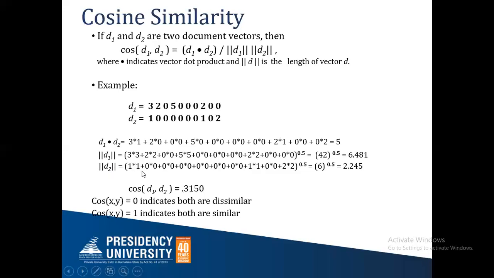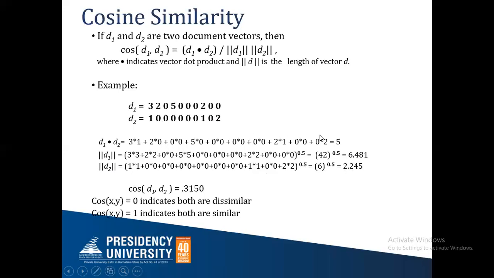Similarly, for d2, the square root of the vector squares: 1 square plus 0 square plus 0 square and so on up to the last digit, which is 2, 2 square. The summation to the power 0.5 gives the square root of 6, which is 2.245. So these are the values.